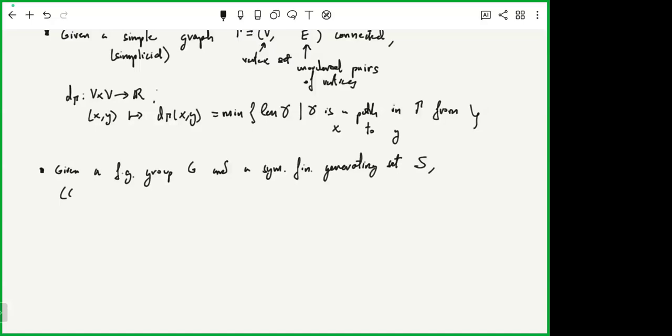We make it correspond to the Cayley graph. This graph is connected because S is a generating set, and then this induces a metric d_S in G corresponding to the Cayley graph.